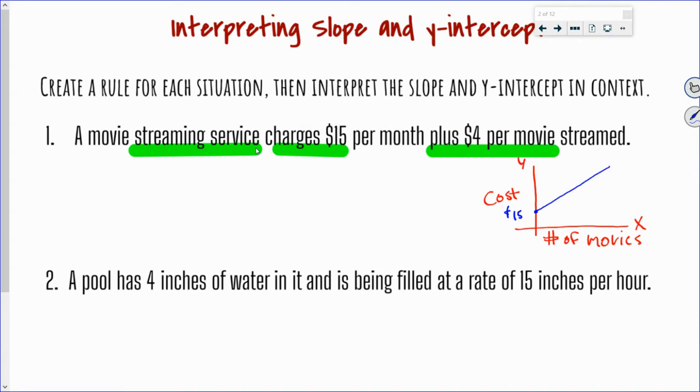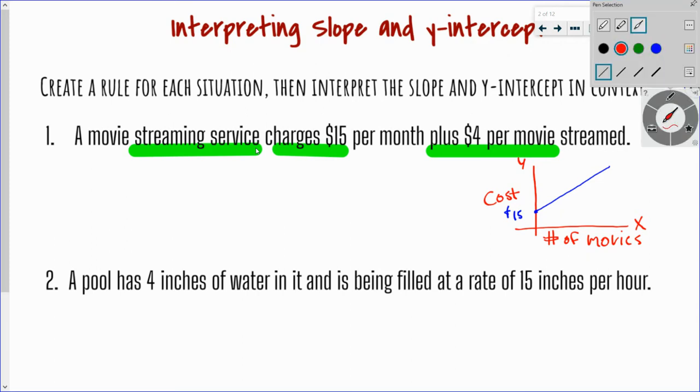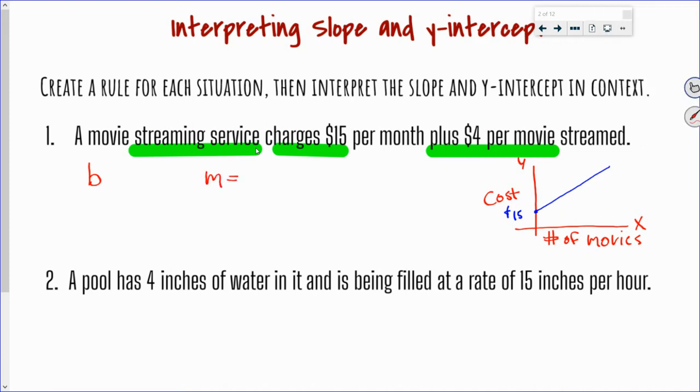Here's the important thing to find. First of all, we want to know what the y-intercept is, or we kind of use the letter b for that. And then we also want to know what the slope is. Before we get too deep into this, who can tell me what they think the y-intercept is?